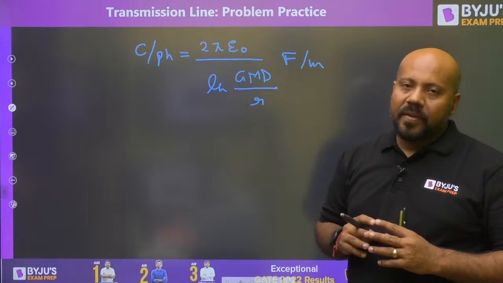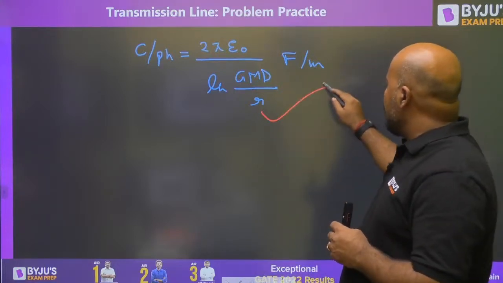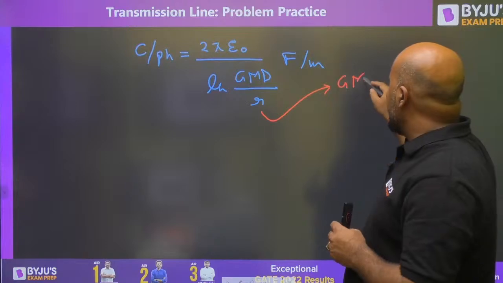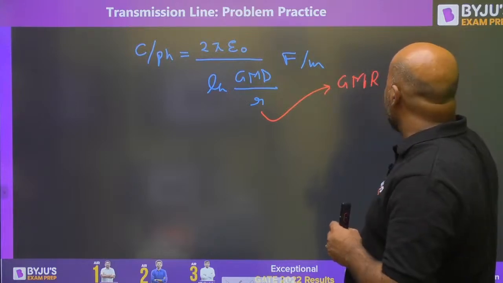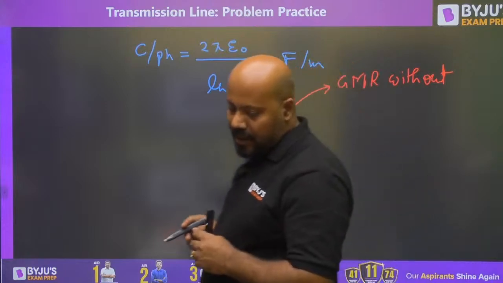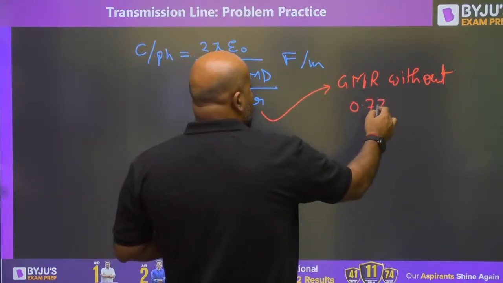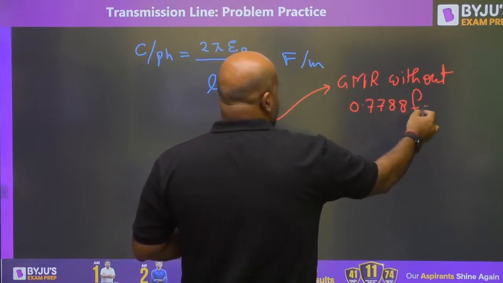What is the reason? This R is calculated the same way as GMR, but without the 0.7788 factor.